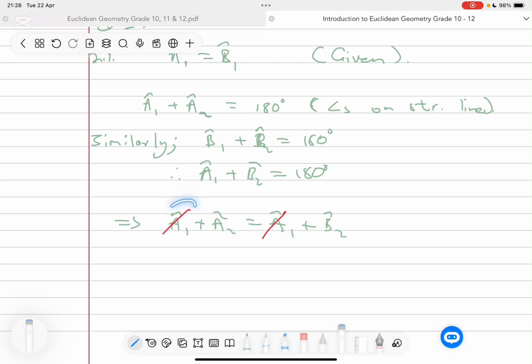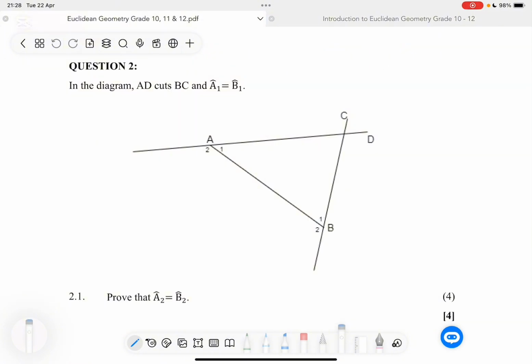Say, for example, I take this angle and transpose it to this side, I'm going to have negative angle A1, and they will just cancel each other, or you can just cancel them like that. Now the conclusion is that angle A2 is equal to angle B2, and that is what we were requested to prove in this question.